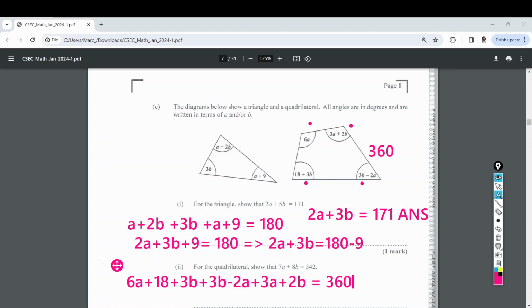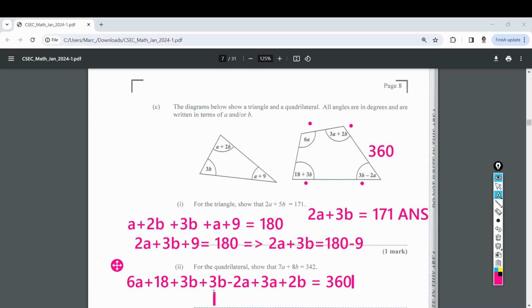All right, so this makes sense. So we're gonna end up with 6a plus 3a minus 2a.